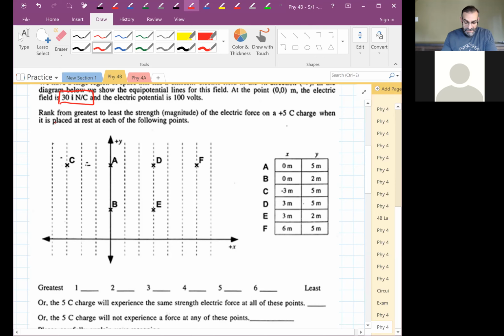What's the electric field at point E? 30. What's the electric field at point F? 30. Because the electric field is uniform. It's the same everywhere.